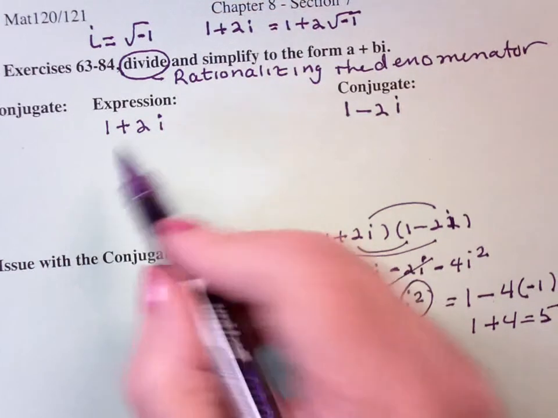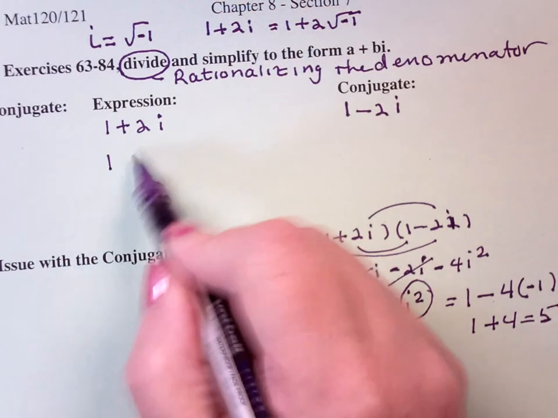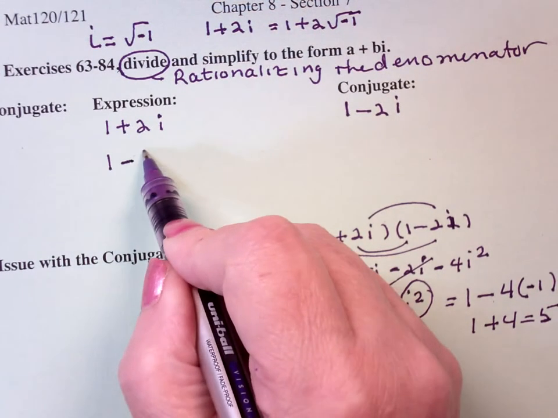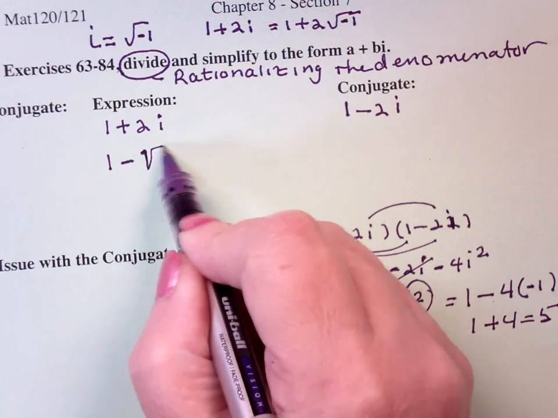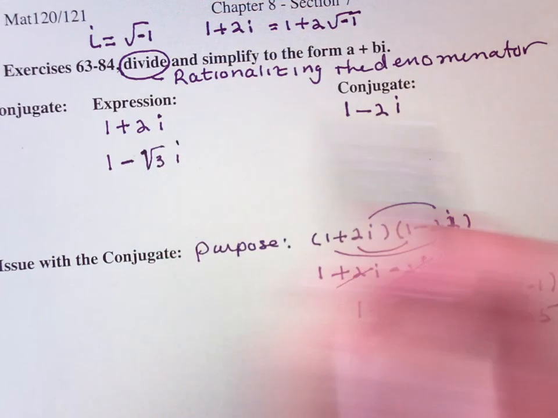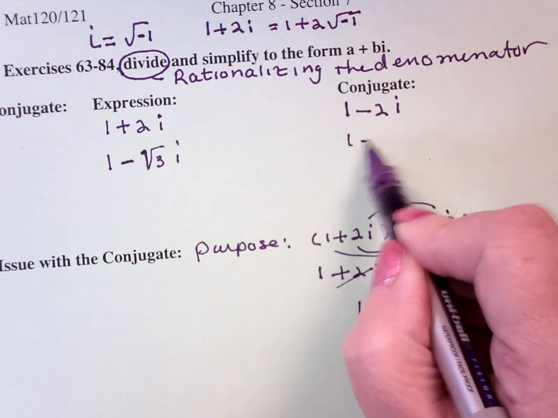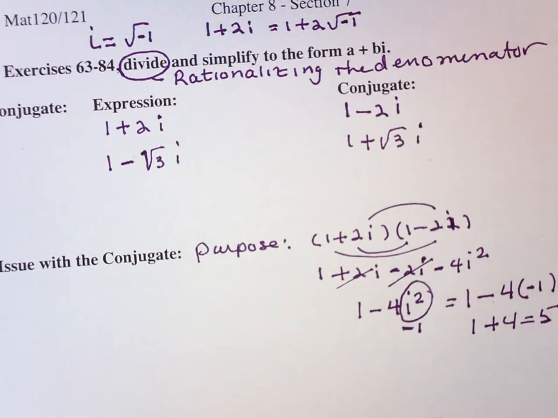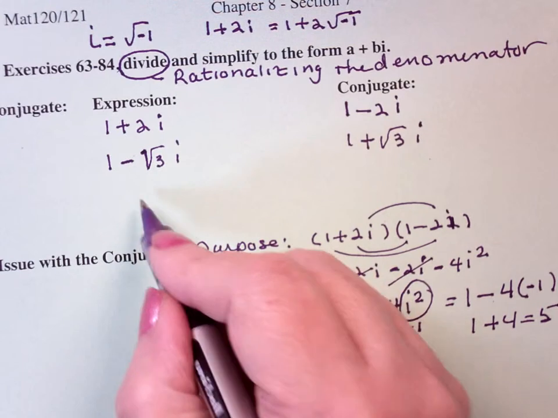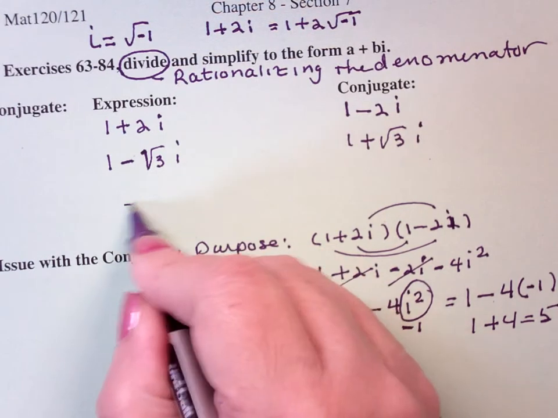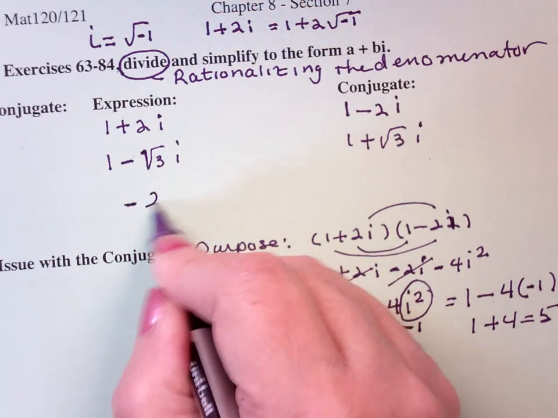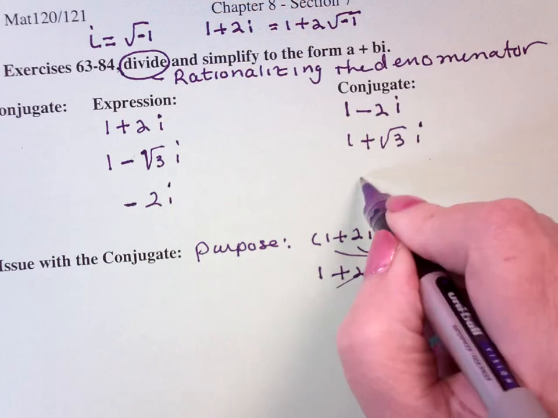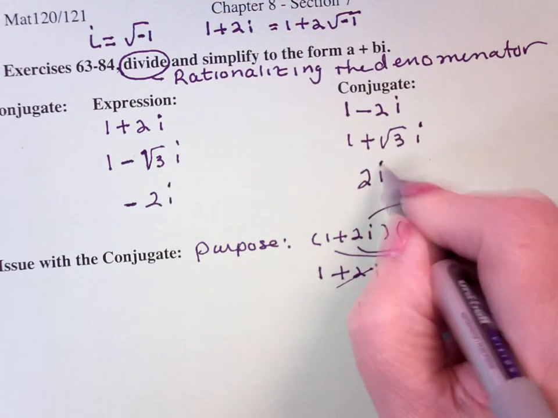If again I'm looking at 1 minus the square root of 3i, its conjugate would be 1 plus the square root of 3i. And the same thing would happen, it would eliminate the radical. And if I had minus 2i, its conjugate would be plus 2i.